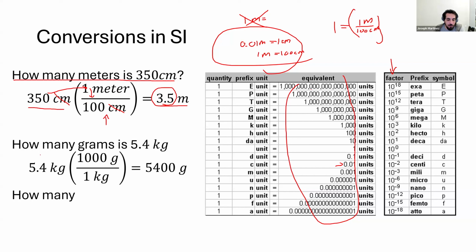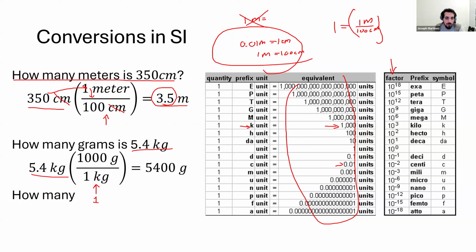And then we go on to ask, well, what about kilograms to grams? Perhaps we have a measurement of 5.4 kilograms. How many grams is that? Well, we take our 5.4 kilograms, we multiply it by a unit conversion factor that tells us that 1,000 grams is 1 kilogram. So again, this is just numerically equal to 1.